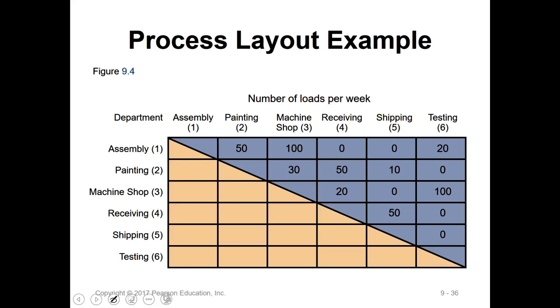Now this is the number of loads, and they gave us the data. Some of the loads are 0. So from assembly and receiving, there's no load. You don't need to care about this, from 1 to 4. But some of the loads are quite high.